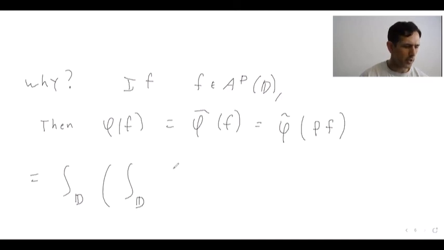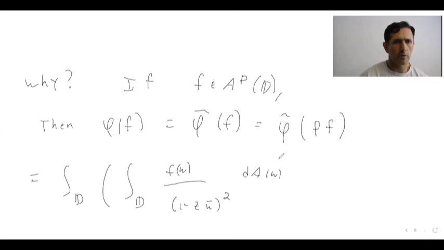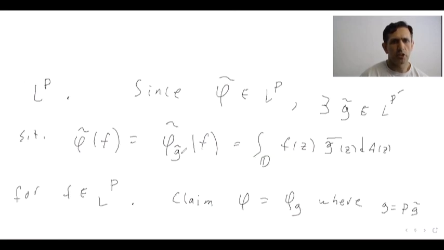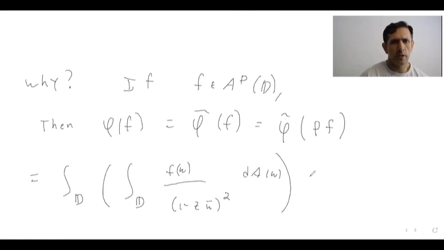Pf is going to be the integral of f of w over 1 minus z w bar squared dA of w. Well, phi tilde is given by phi G tilde, so this is going to be the integral of G tilde of z bar dA of z.